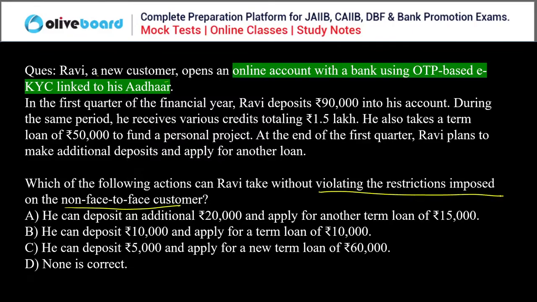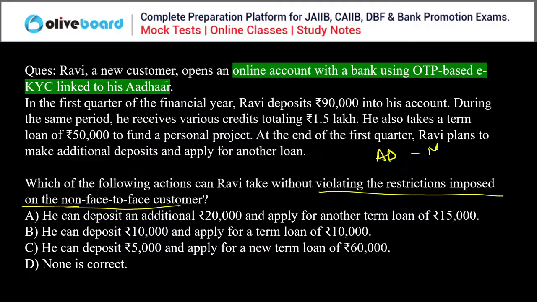So this is the question regarding the restrictions imposed on non-face-to-face customers, right? What are those restrictions? I have told you, if you are a non-face-to-face customer, meaning an OTP-based eKYC customer, then first of all, your aggregate deposit should not exceed 1 lakh.